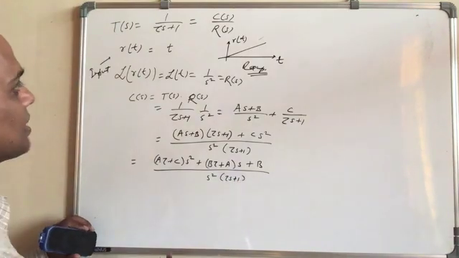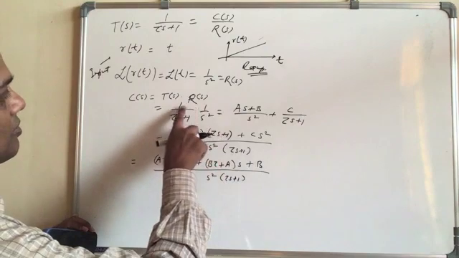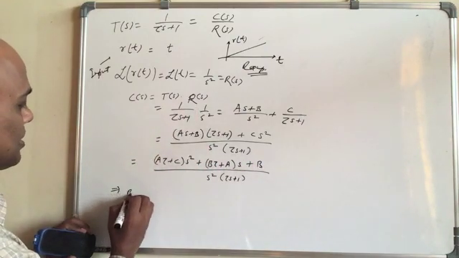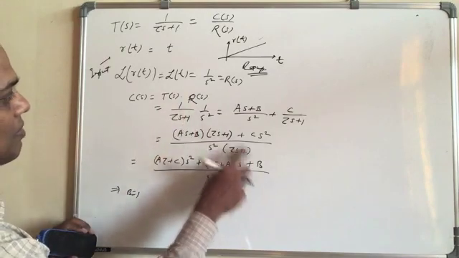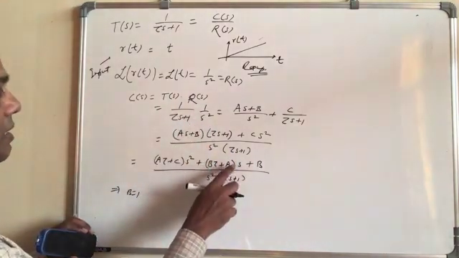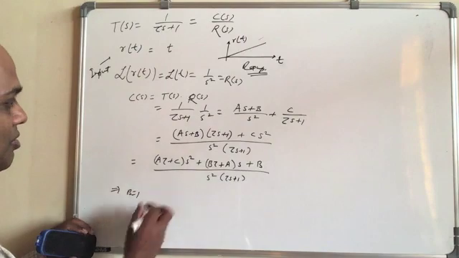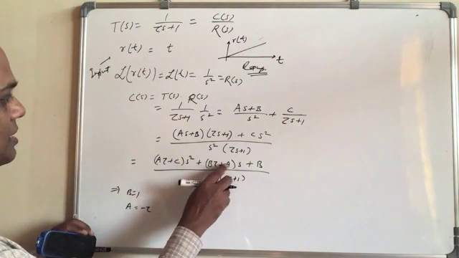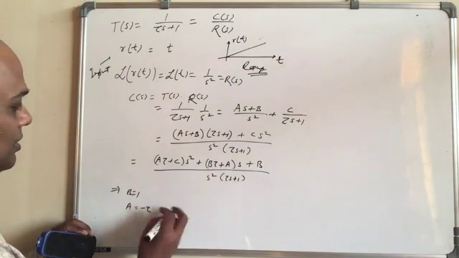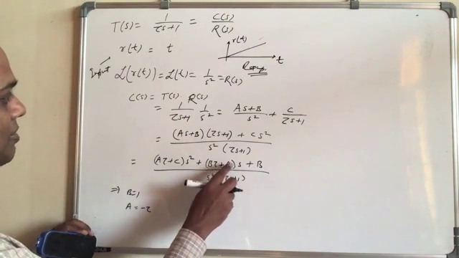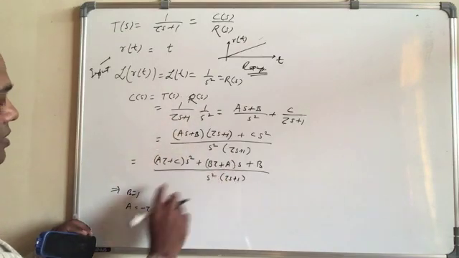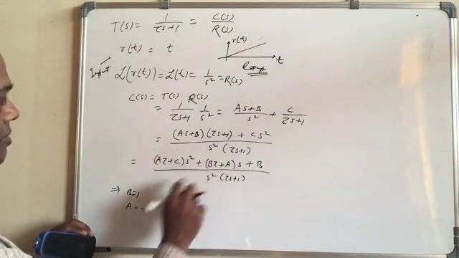Comparing coefficients, B has to be equal to 1. Then B tau plus A equals 0 because there is no s term, and since B equals 1, A equals minus tau.